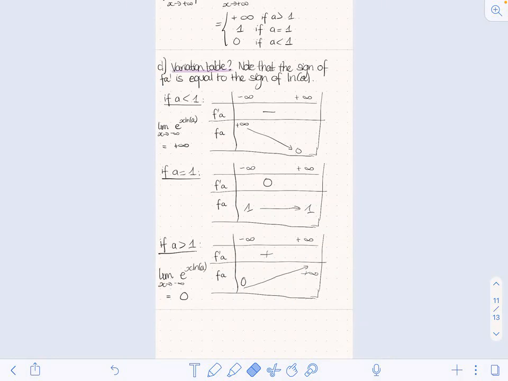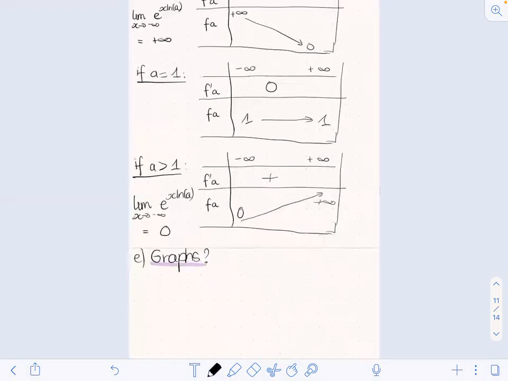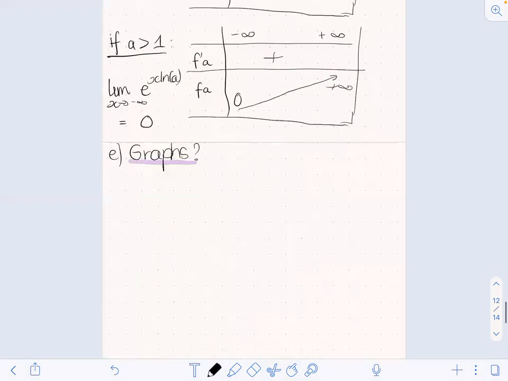Based on the 3 different variation tables, we should be able to plot the values of the function on R, or the sort of behavior of the function on R. So we can draw 3 graphs. I'll try and put them side by side because there's not much to put on them.